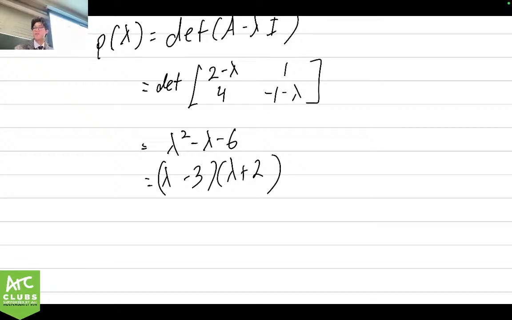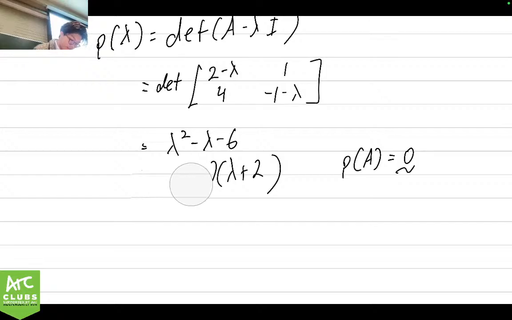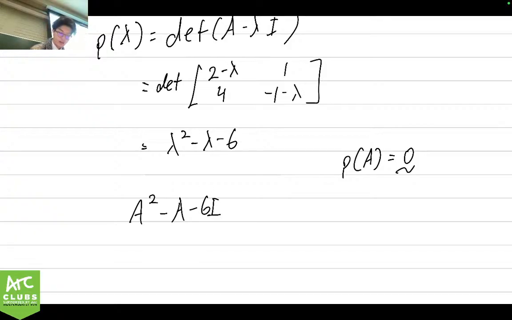From the previous part, we know that A is a matrix solution of the characteristic polynomial, because we proved that p of A produces the zero matrix. So A is a solution, which means that in the end, we'll have A squared minus A minus 6I becoming the zero matrix.